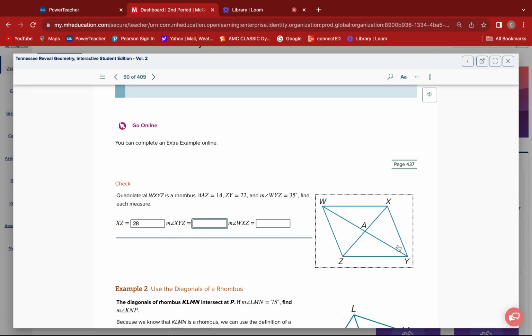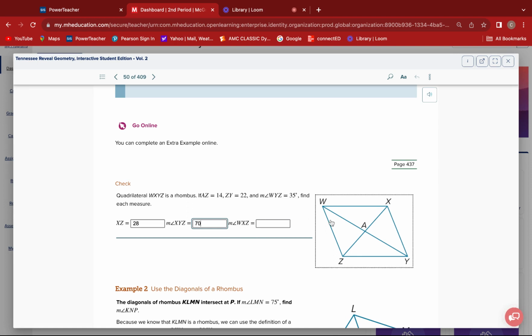They want us to add these two little parts together to get the entire angle Y. Well, if WYZ is 35, then its counterpart is 35. 35 plus 35 is 70 degrees. So XYZ is 70.